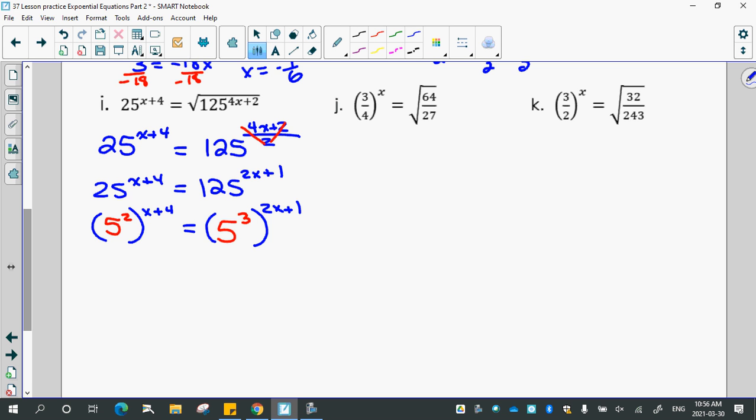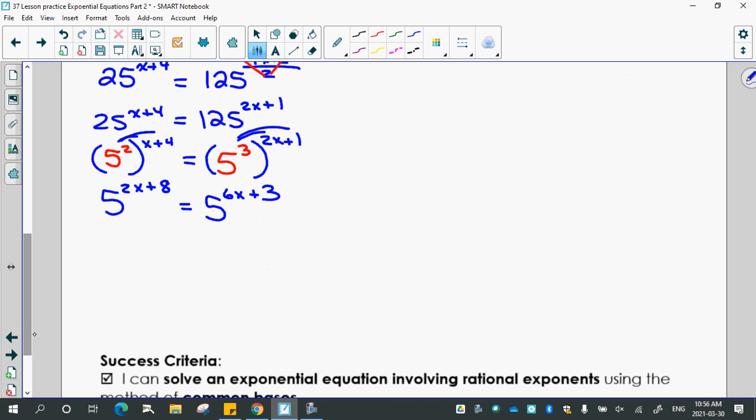Okay. Remember to distribute. It's one of the most common errors. So then now we can say therefore 2x plus 8 is equal to 6x plus 3. And solve from there.